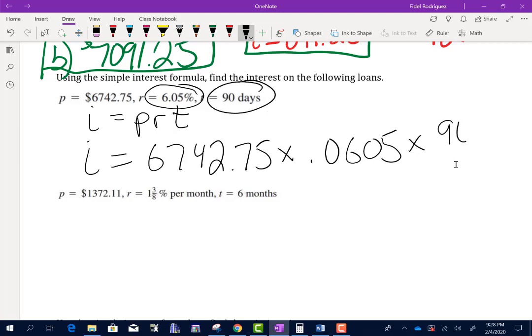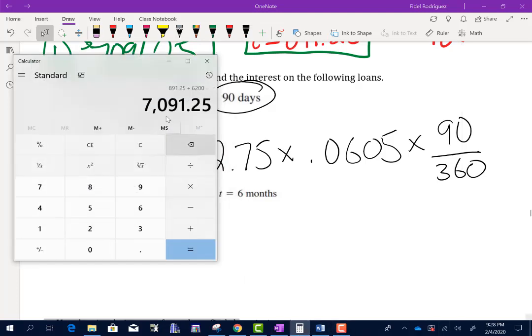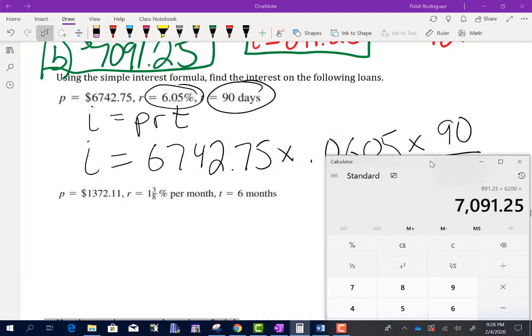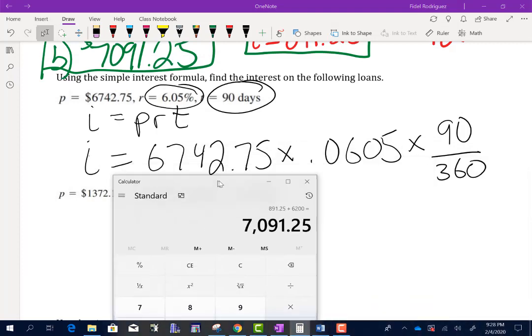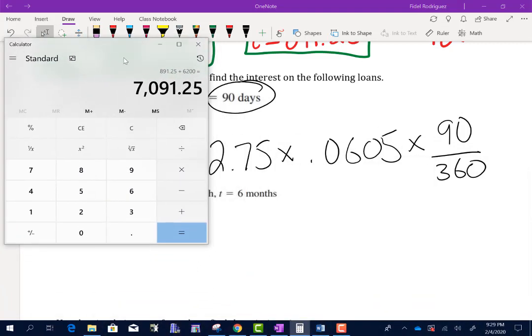Guys, if it's in days, it's going to be 90 over 360. Okay. Once again, I'm going to grab my calculator here, and I'm just going to multiply, okay? I'll have to calculate that.